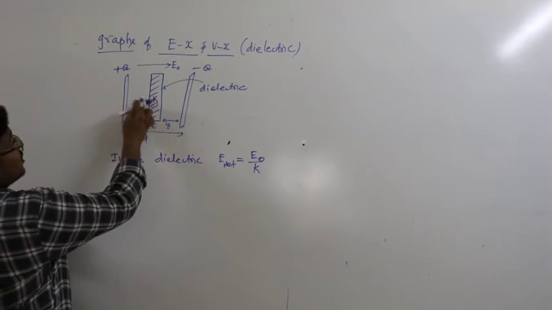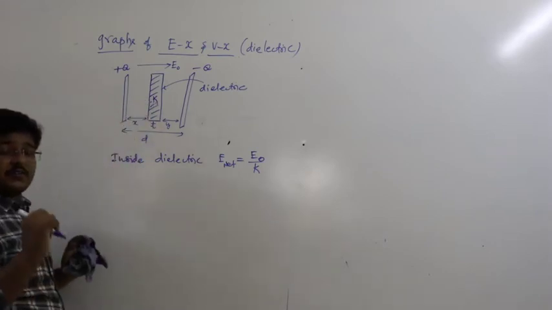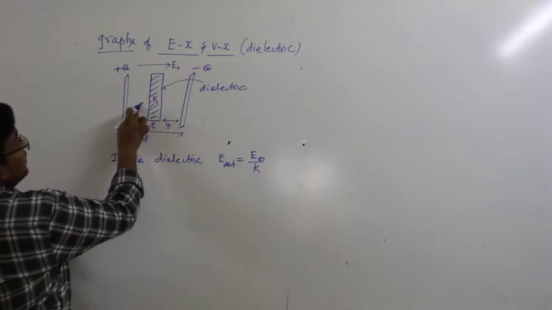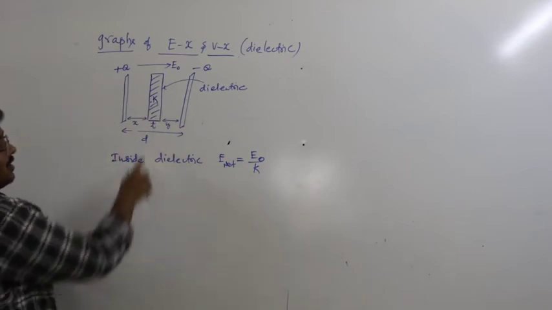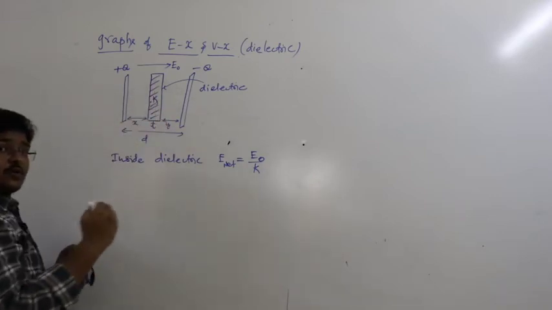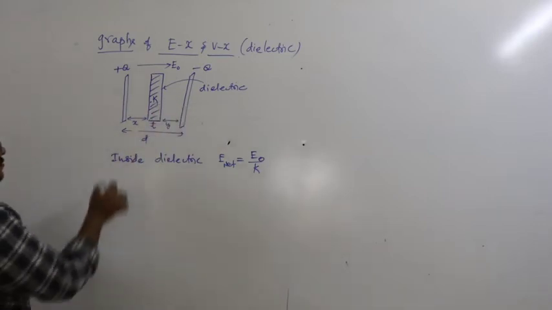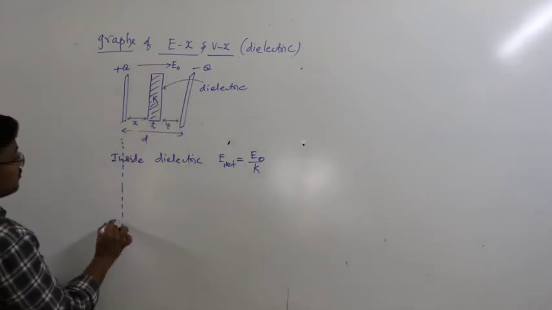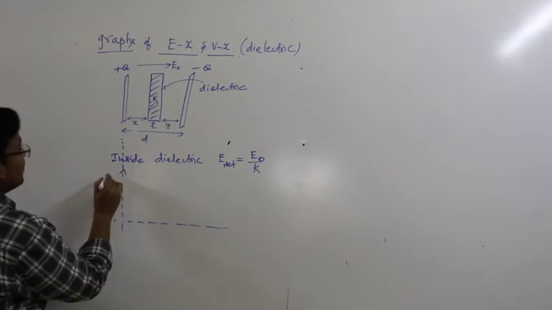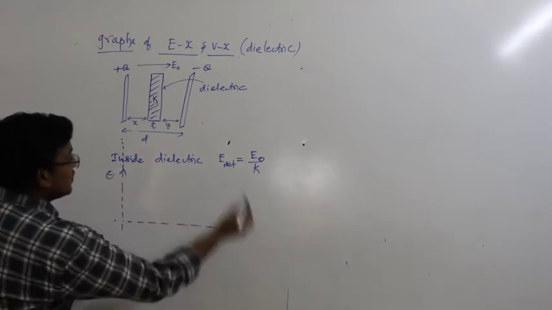See, from here to here, this is air and the electric field is constant, so here the electric field will be E naught, and after, in this material the electric field value decreases to k times, and again in the air the electric field will be the same. So I can draw the graph between electric field versus the distance.